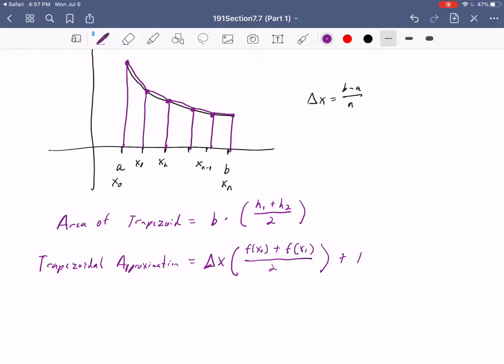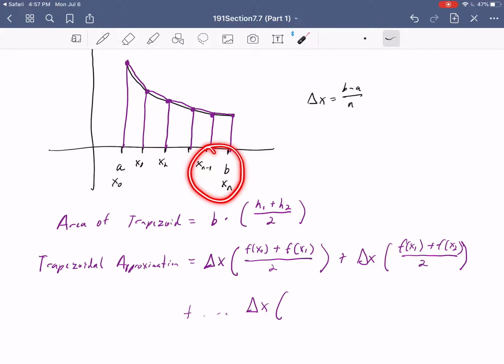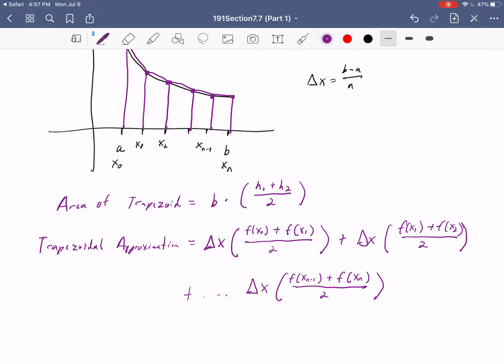And then plus delta x times f of x1 plus f of x2 over 2. And then plus dot dot dot down to delta x, the last one, which is going to have f of x sub n minus 1 plus f of x sub n over 2. So that's going to be our approximation.